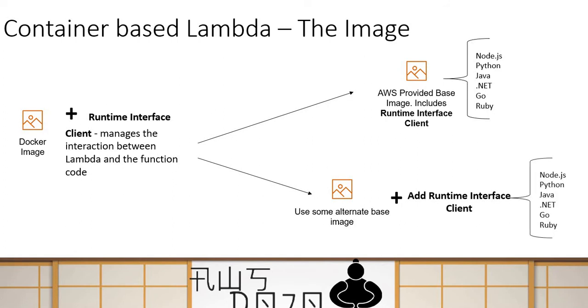And again, AWS provides these runtime interface client packages for all these languages from Node.js to .NET, Go, Ruby, Python, etc. So basically, you have two choices. Because of this runtime interface client dependency inside the base image, you can either use an AWS provided base image, or you use your own base image, but you have to add this runtime interface client here.